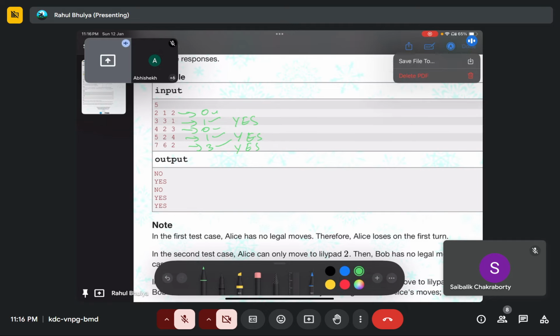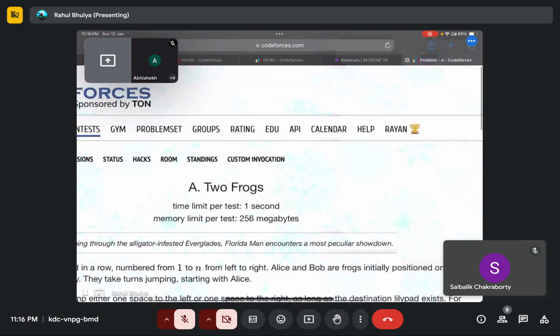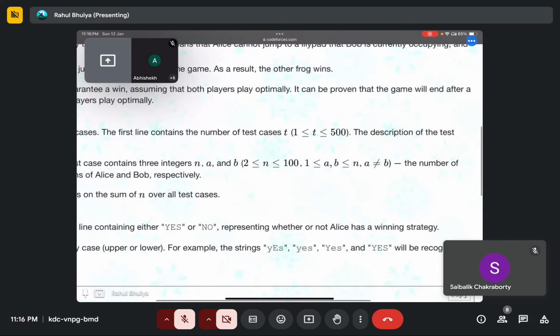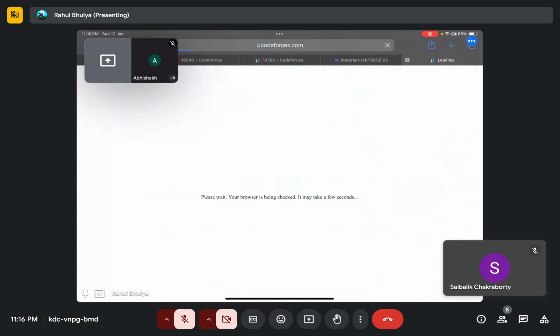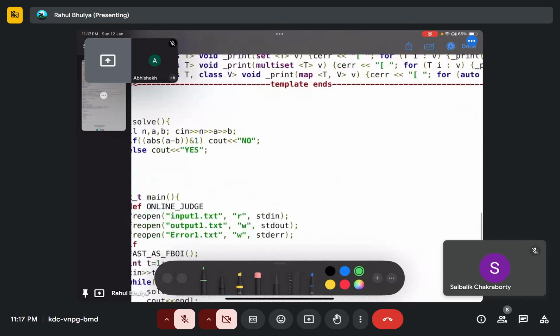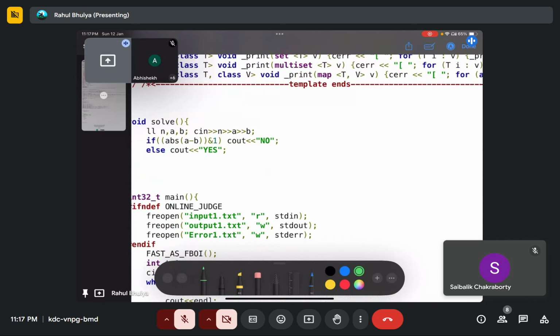So I will show you the solution. This was the direct solution. Here I am just taking the absolute value, meaning the difference between them.